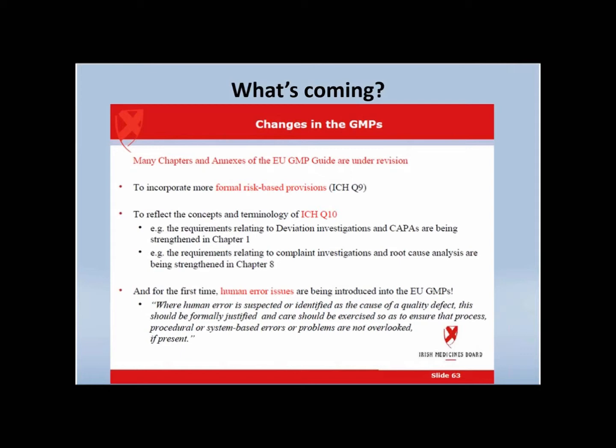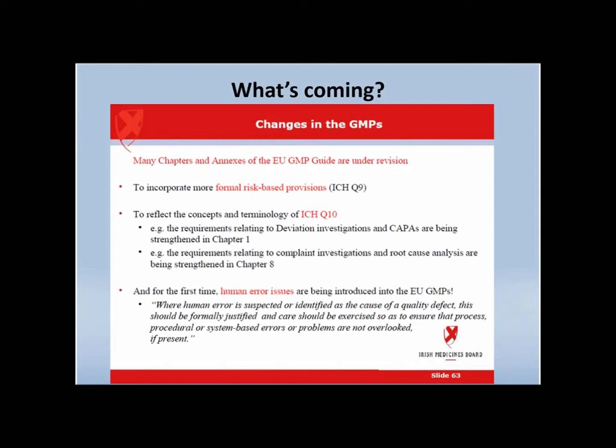Now, let's take a look at a very interesting thing that we saw a year and a half ago, which is part of a presentation at a human error reduction event. This was a slide from the Irish Medicines Board, presented in Ireland.